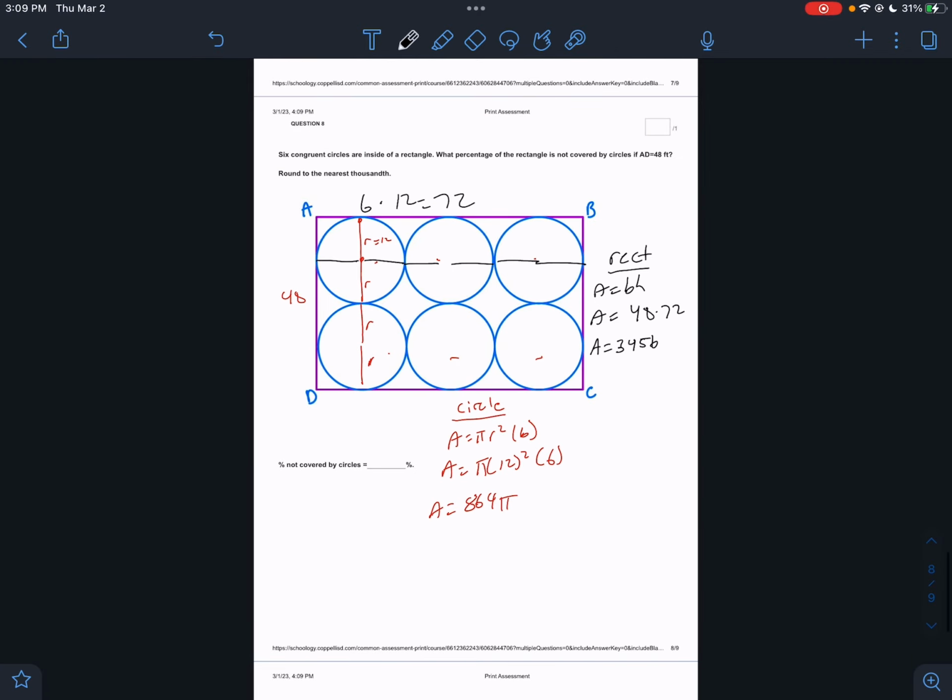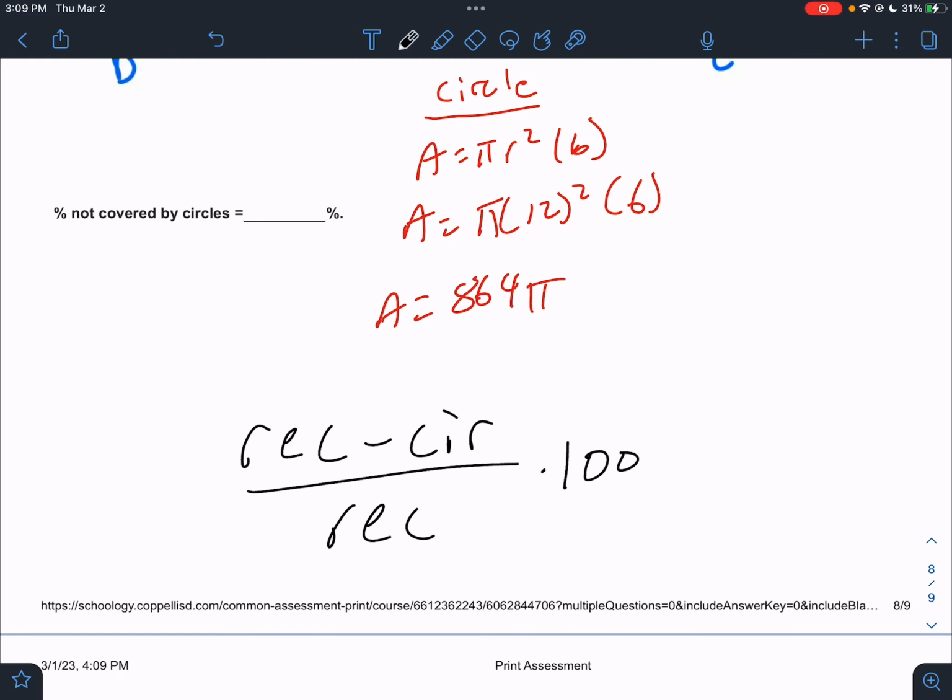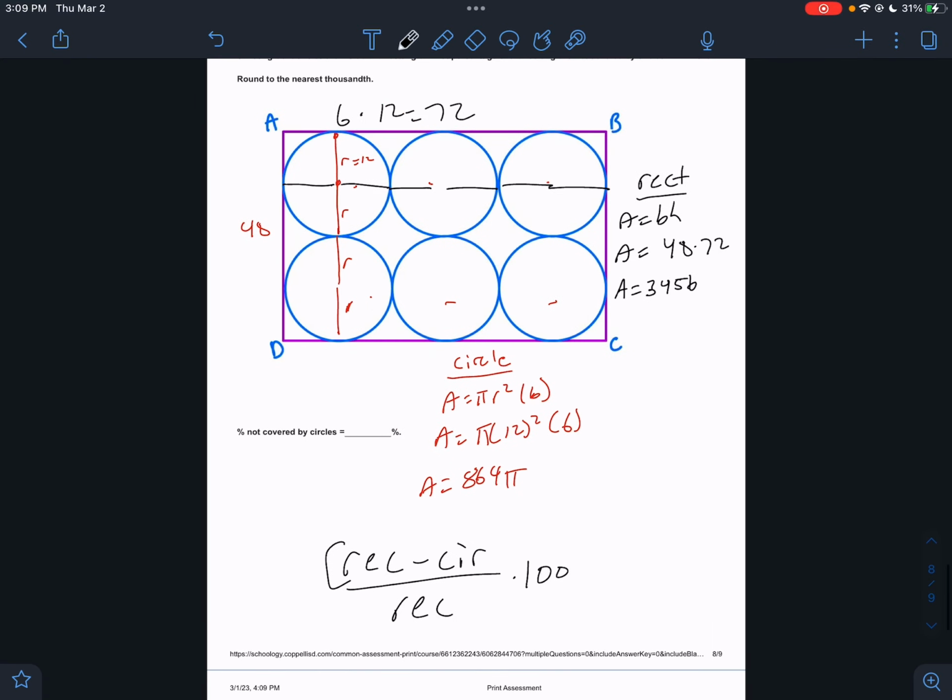So how do we get the percent not covered by circles? We're going to do rectangle minus circles divided by rectangle times 100. That's the part we want, right? We want everything that's not a circle divided by the total.